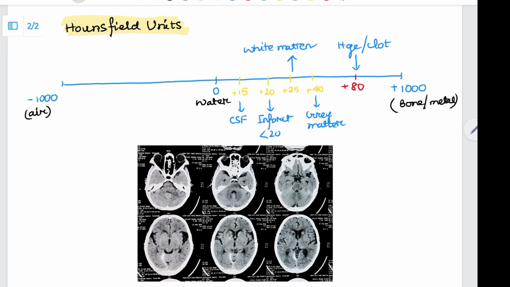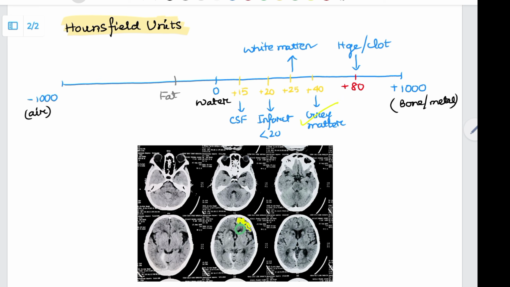So the thing to note here is that infarct is hyperdense to CSF and hypodense to white and gray matter. At the same time, hemorrhage or clot is hyperdense to gray matter but hypodense or lesser bright than the bone or metal.